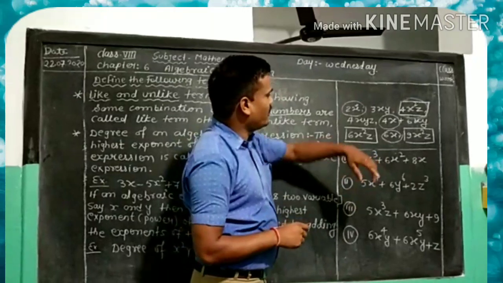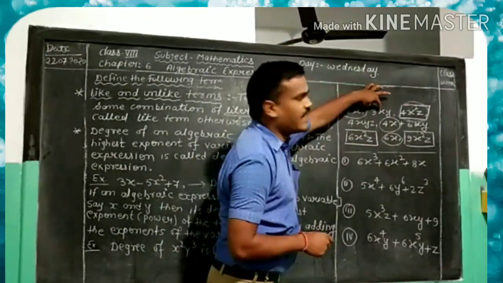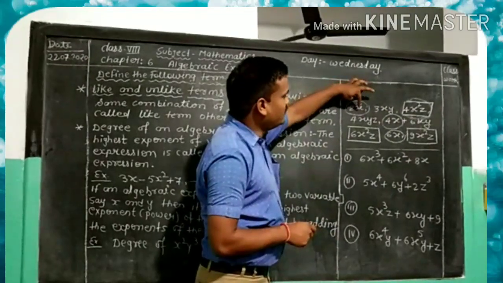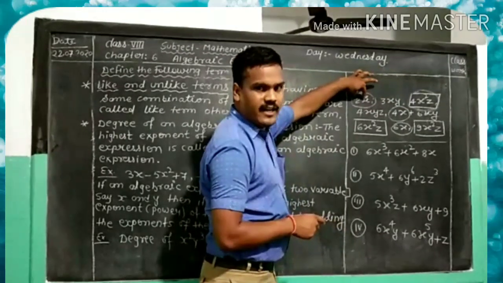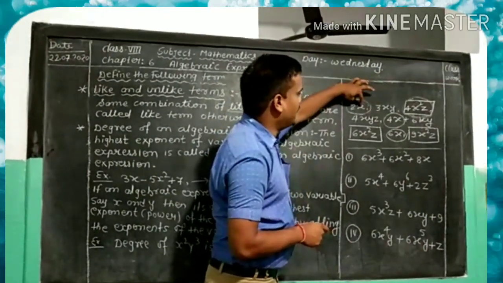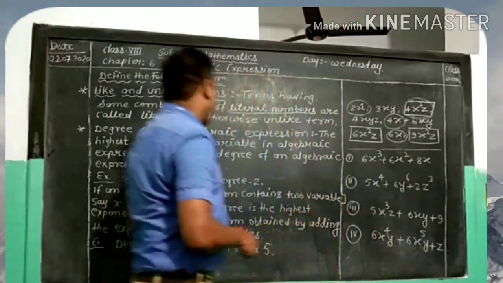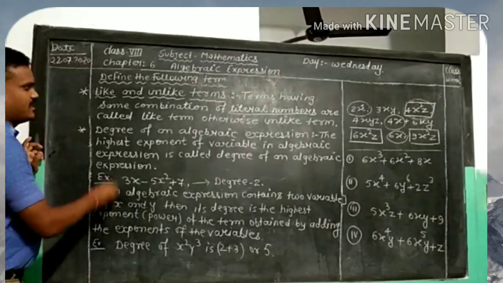But if you talk about this and this, these are called unlike terms. Why? Because here the variables are different. Here x, y and here only x. So this is not like, means unlike terms. And this is like terms.